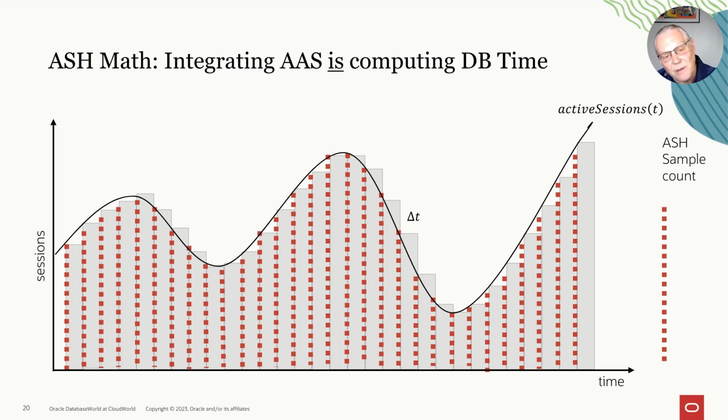So the count times 1 is equal to the count. If we add all the counts, it's like adding up the area of all of these gray rectangles. That's exactly what we used to call a Riemann estimate of the area under the curve, of the integral of the curve. So it goes back to the fundamental theorem of calculus.